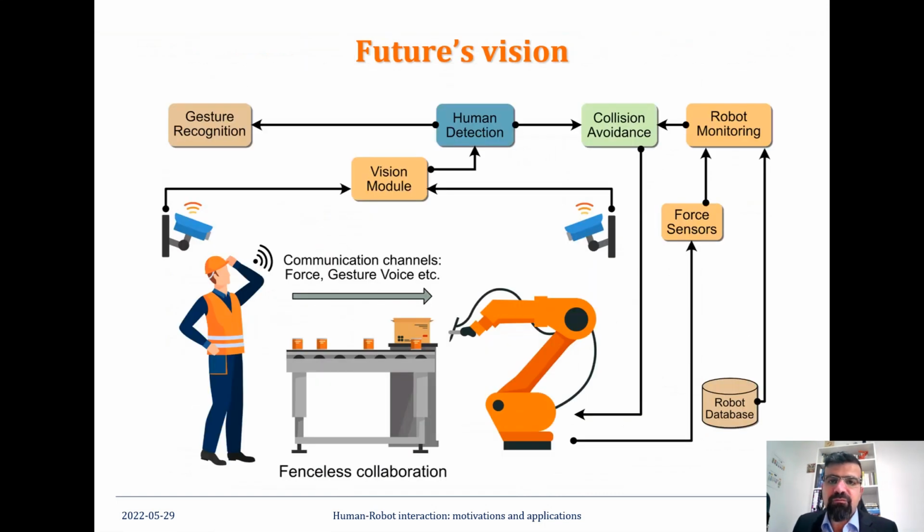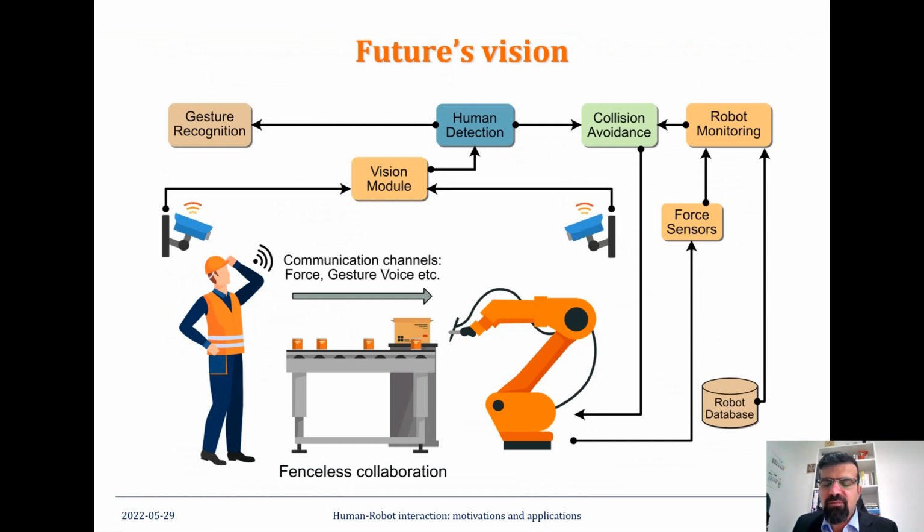On the other hand, for future vision, the interaction between the human and the robot needs to be without any barriers and without any fences. And the communication between the human and the robot can be through different kinds of technologies, for example, using force sensors, gestures, or voice commands to facilitate this communication.